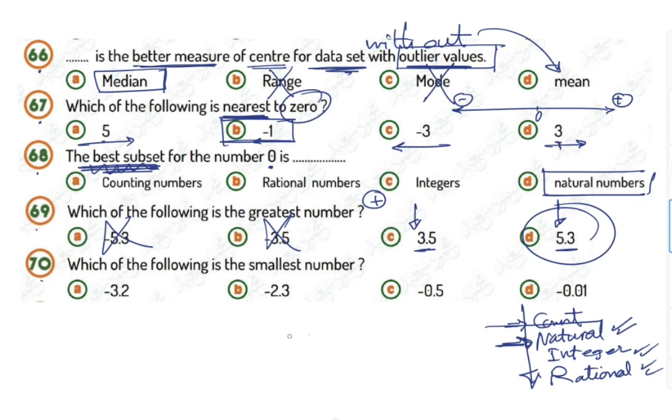But don't forget, if you have -5 and -3, which one is the greatest? -3. Why? Because -3 is to the right of -5, just as 5 is to the right of 3.